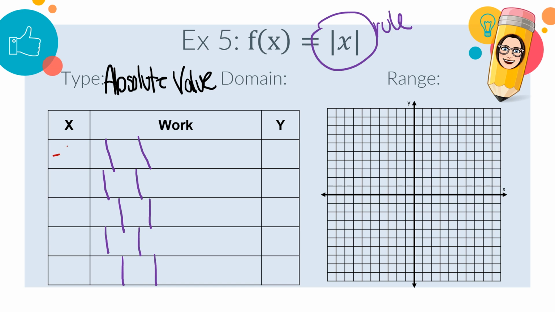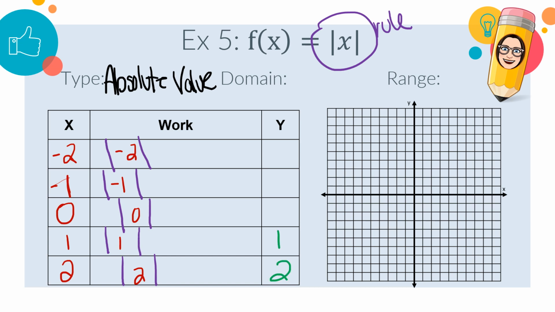Okay? Now we're going to take our smallest integers, and instead of x, we're going to replace x with our integers. Now, if we were to look up the definition of an absolute value, it is the distance from 0. And so the distance from 2 is 2.